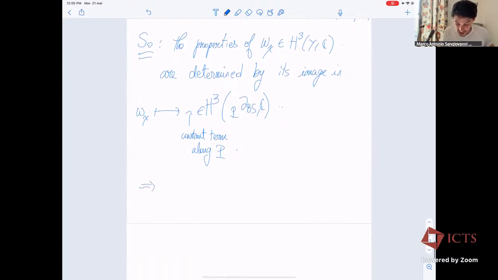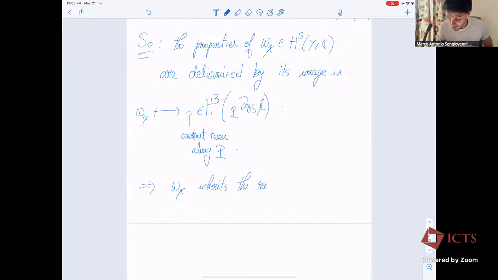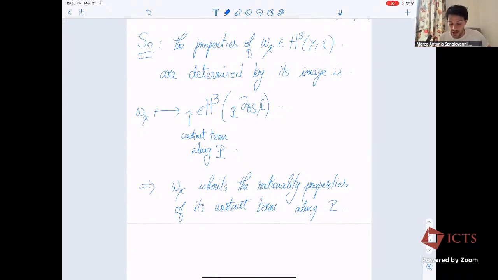So this says that omega chi inherits the rationality properties of its constant term along P.